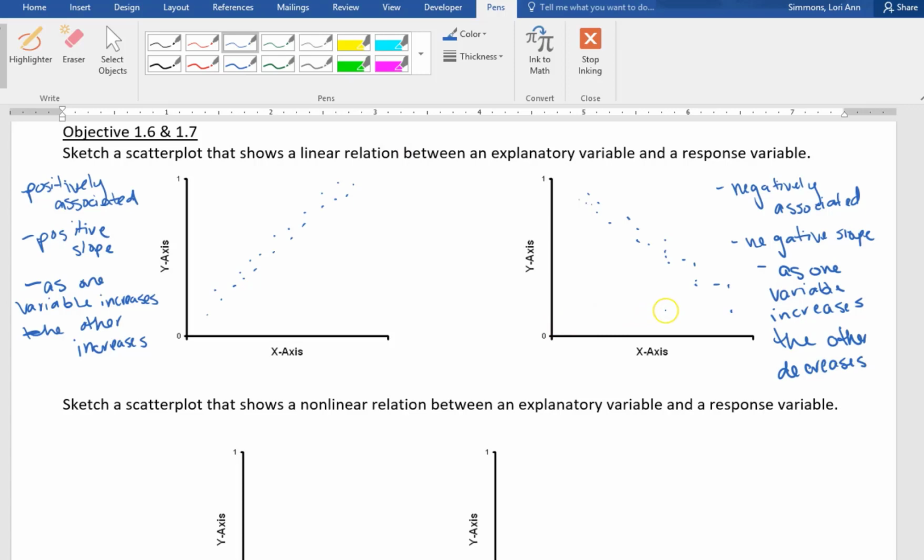So as this increases, this y is decreasing. And as this increases, the other one increases as well.